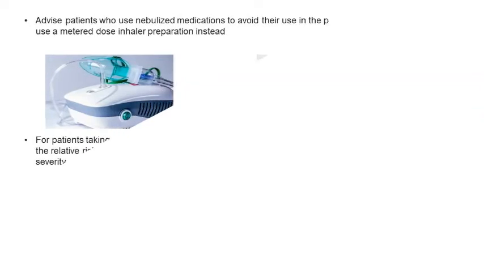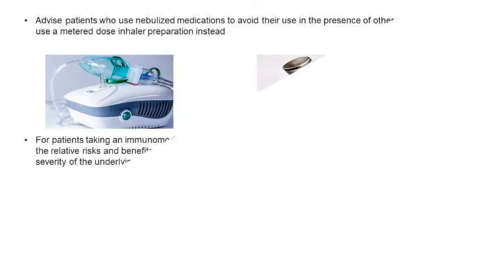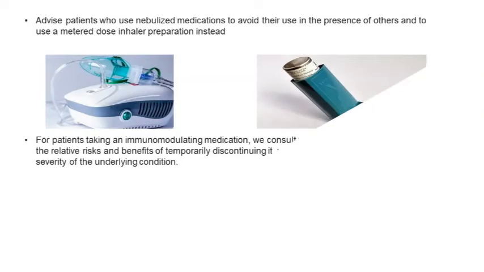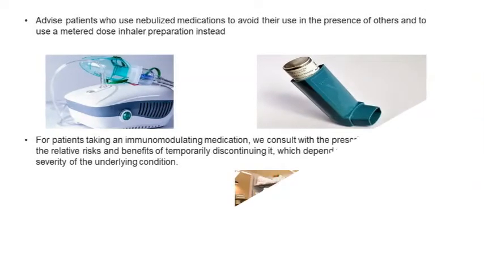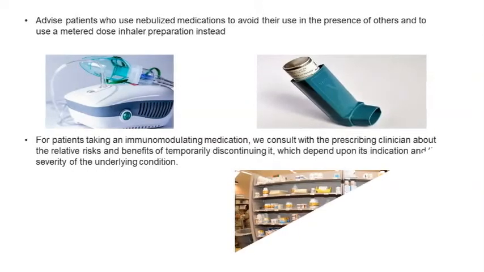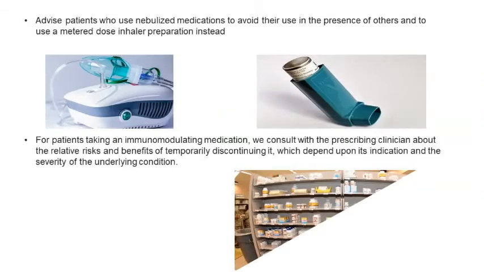For patients who are on immunomodulating medications, immunosuppression, transplant patients, glomerulonephritis patients who are under immunosuppression, or under rheumatology for collagen disease, stopping the immunosuppression or stopping the steroid should be discussed with their specialist to assess the risk.